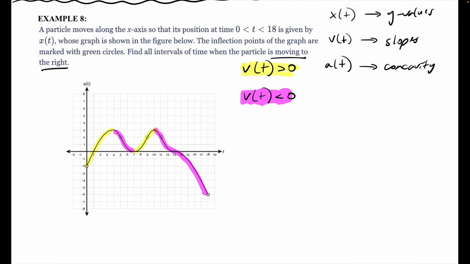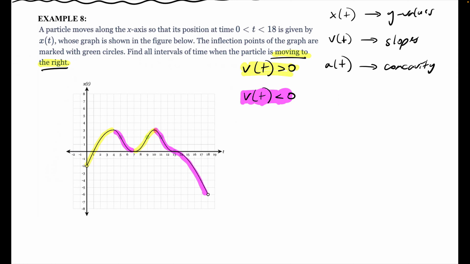We don't have to worry about concavity on this one. So the question said, when is it moving to the right? And we said that means yellow, right? That's yellow. So we're just going to look for the yellow.